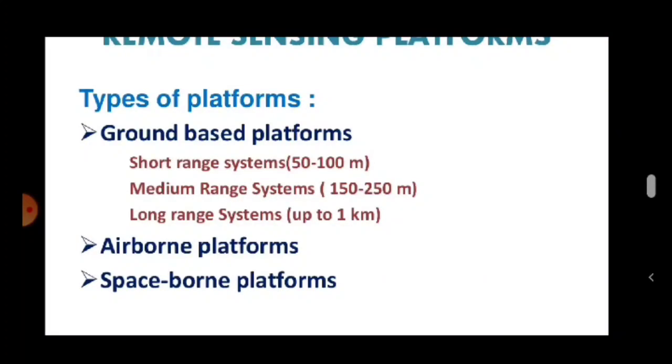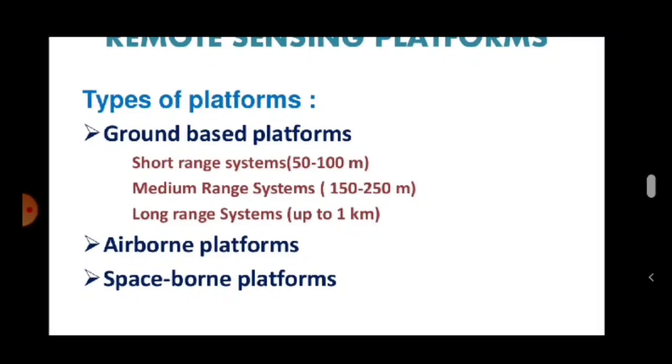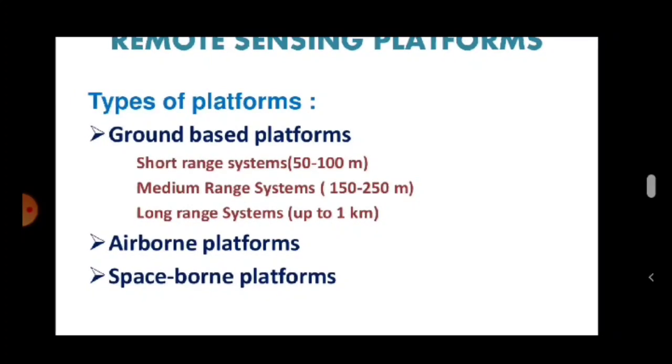So you can see types of platforms. Ground-based platforms: there are three types of ground-based platforms. One is short range, another one is medium range, and long range systems. Then we come to airborne platforms and also spaceborne platforms.